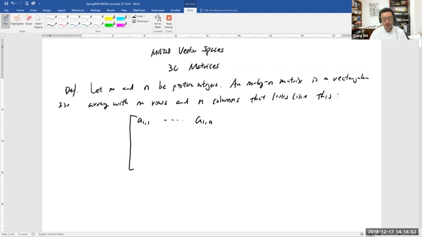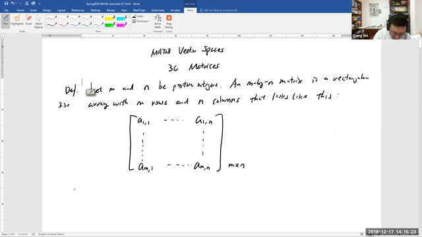The first subscript of each entry tells you the row position of that entry. Since there are m rows, the last row begins with Am1, Am2, and then up to Amn. So this is m rows, n columns, an m by n matrix.